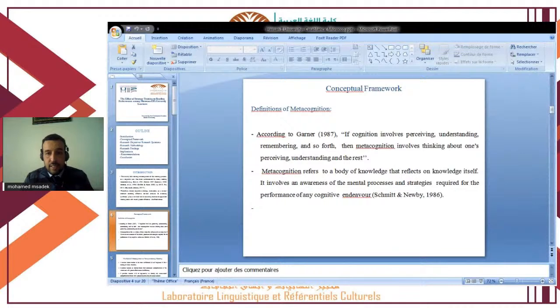So it is an efficient process of thinking about thinking while approaching a given cognitive task. If cognition means gaining knowledge and comprehension, metacognition can be conceived of as thinking about that knowledge and the way it can be attained. Given the fact that cognition and metacognition are different in the sense that cognitive activities are directed or regulated by metacognitive thinking, they are inextricably interrelated.